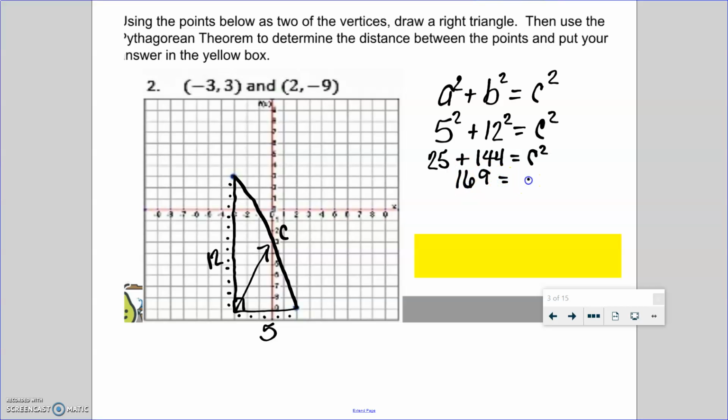So 169 is equal to c squared. We need to get c by itself, so we're going to find the square root because we want to do the opposite of squaring. That gets c by itself. C is equal to 13. So the distance will be 13 units.